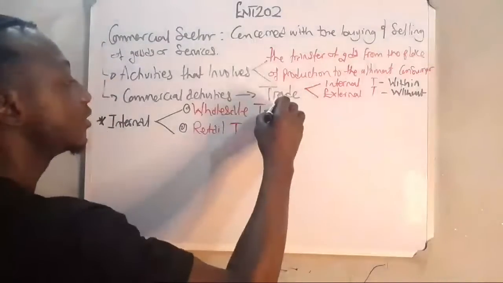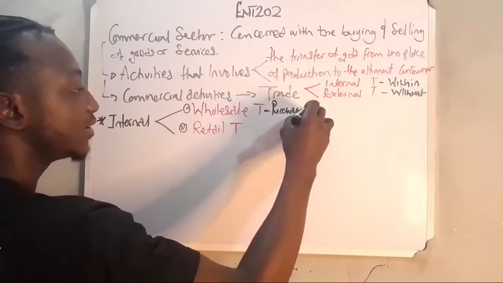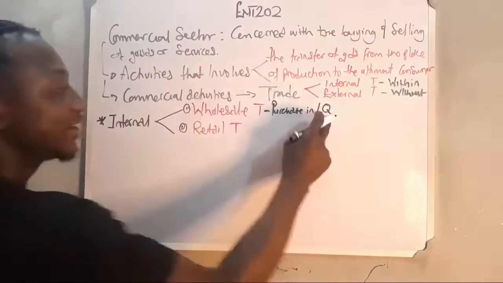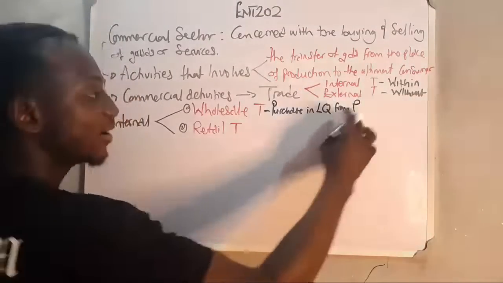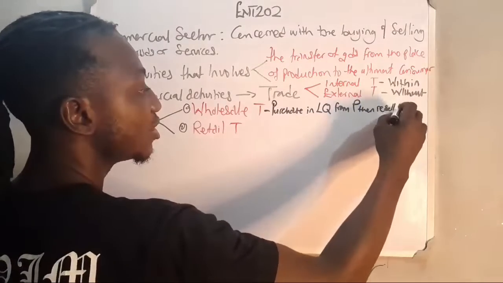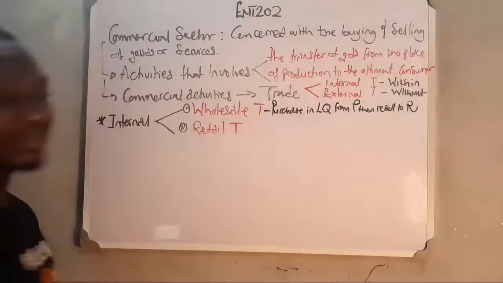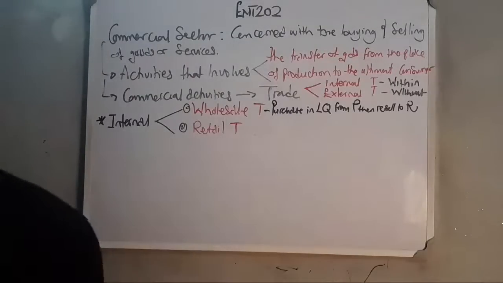So we have purchase in large quantity from the producer, then resell to retailers. That explains wholesale trade. Then the retailer further sells the goods to the final consumer. So it's a process.